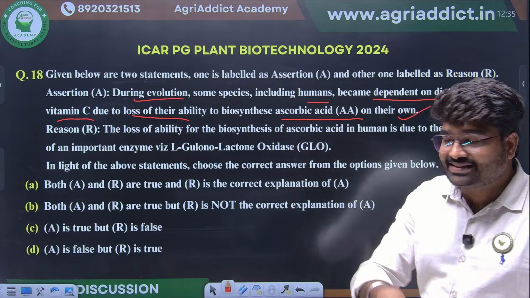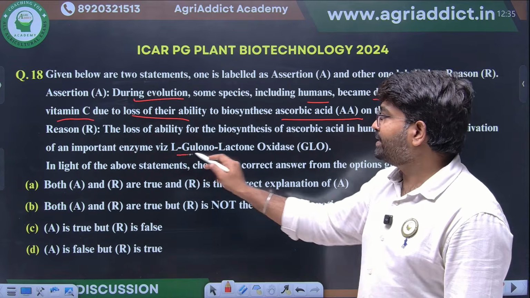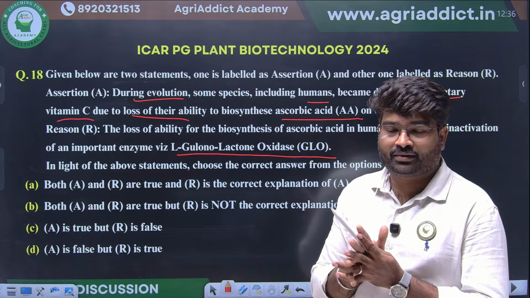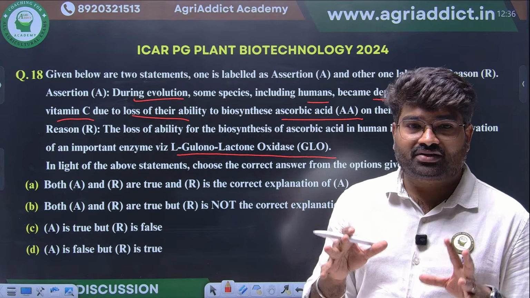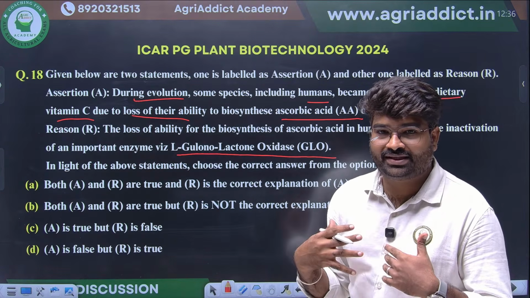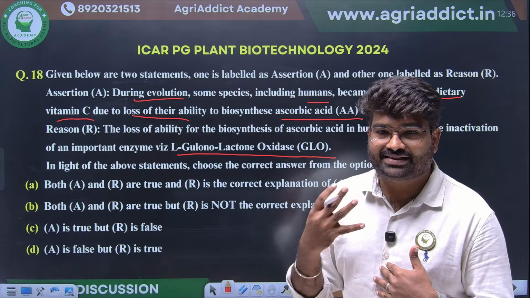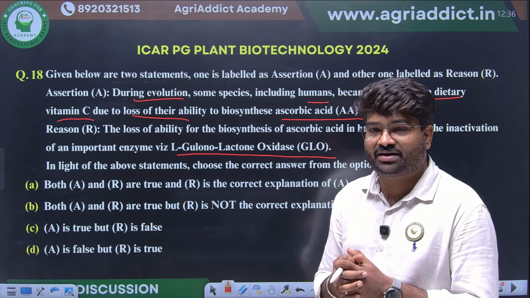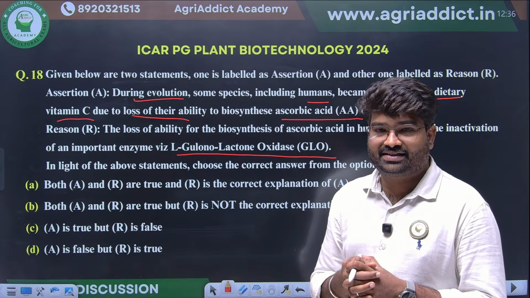What is the enzyme that is lacking? They have given L-gulonolactone oxidase. Is it correct? The L-gulonolactone oxidase enzyme is absent in humans, and that way vitamin C is essential for humans. They are asking whether both statements are correct and whether the reason is correct.